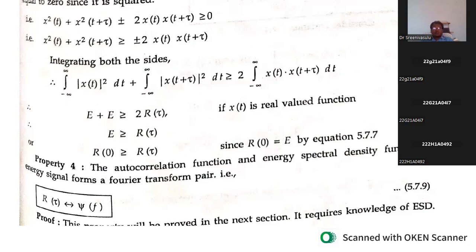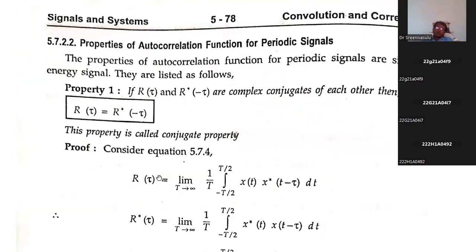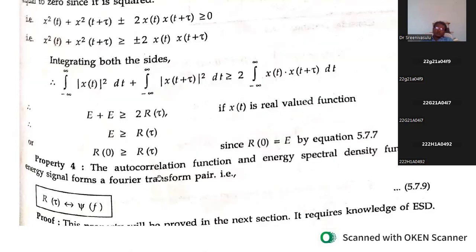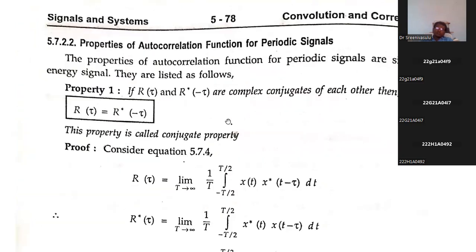Like that we can write. That is going to be represented here as psi of f. So the Fourier transform of R of tau is psi of f, and the inverse Fourier transform of psi of f is R of tau. That means the Fourier transform of the autocorrelation function gives the spectral density, the energy spectral density, or most of the time we call it the power spectral density. No issue with that.